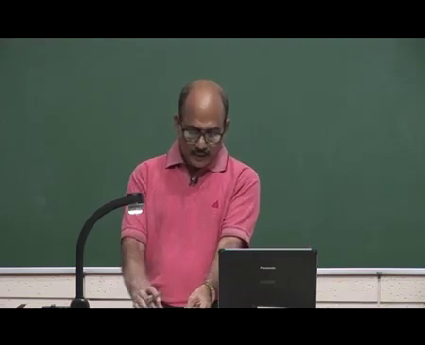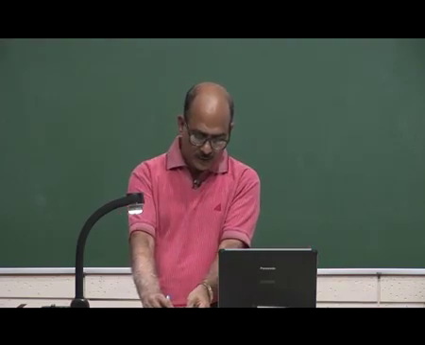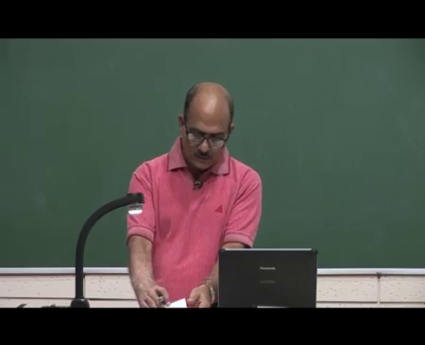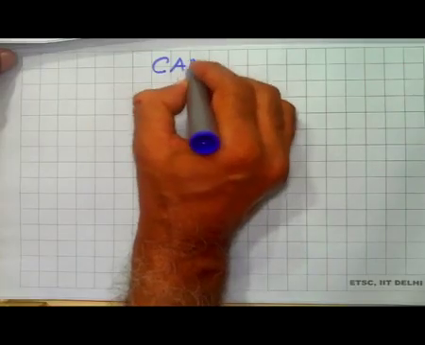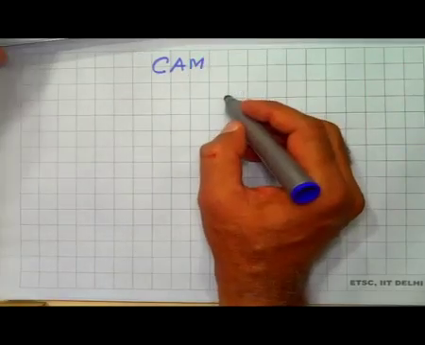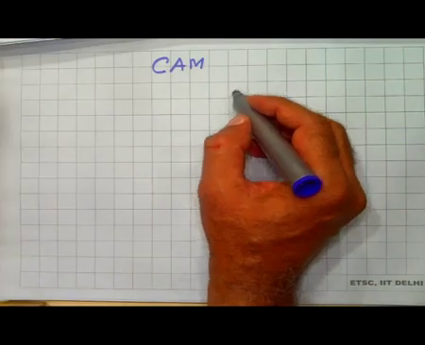Now, at the end of this chapter, one process is involved, that is CAM, which is called crassulacean acid metabolism.